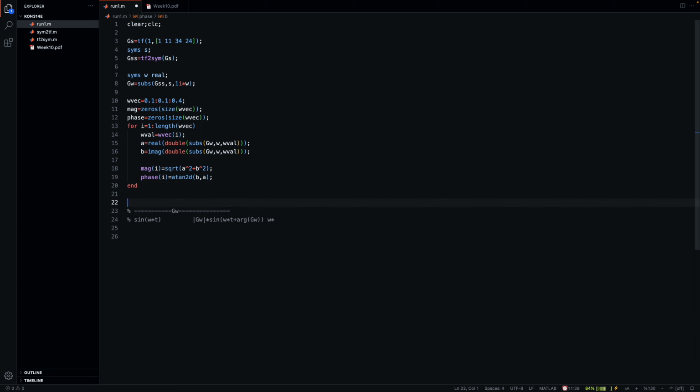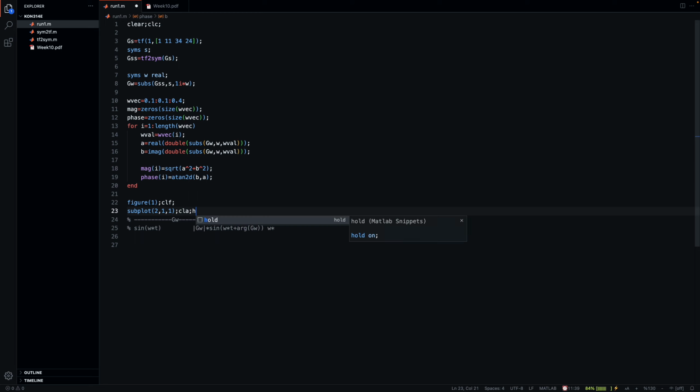And then of course we need to create a figure with a subplot. Hold on, grid on. X label is going to be the frequency. They will be aligned. Y label is going to be g omega.